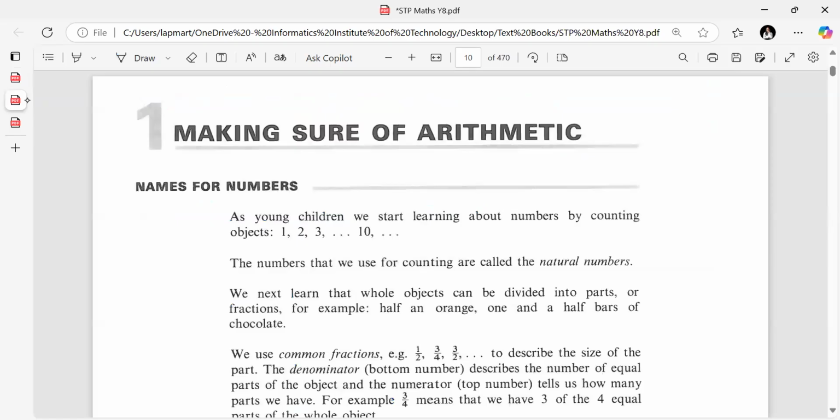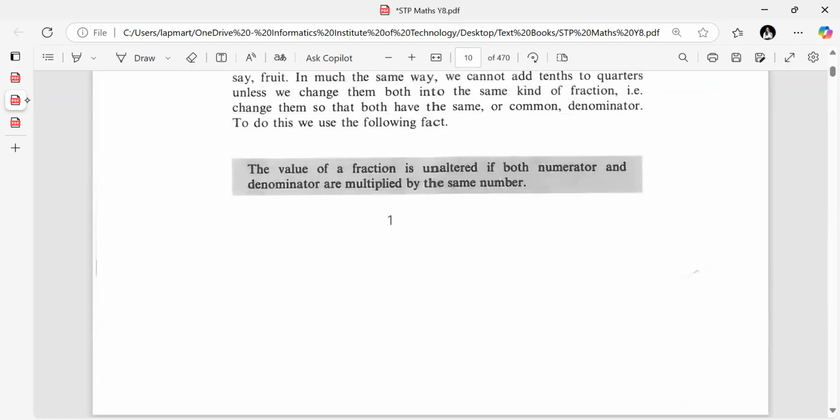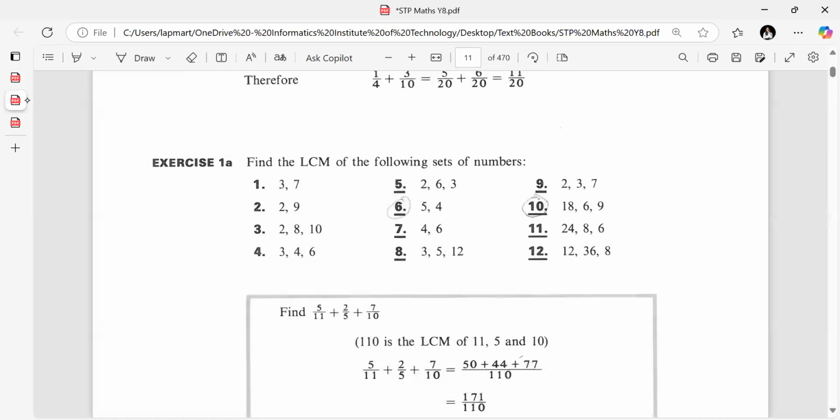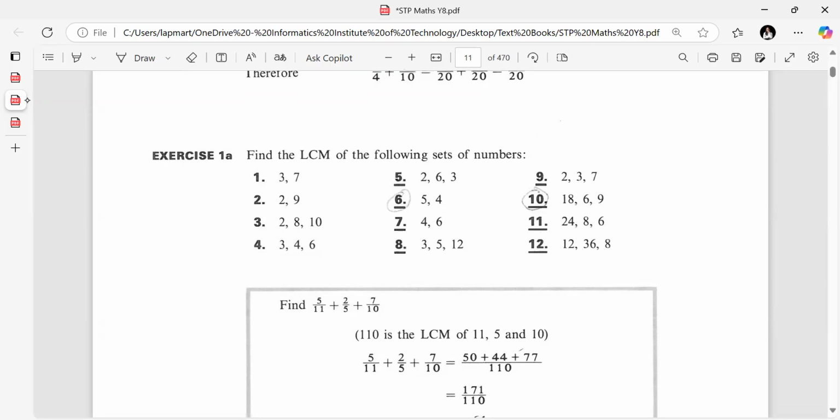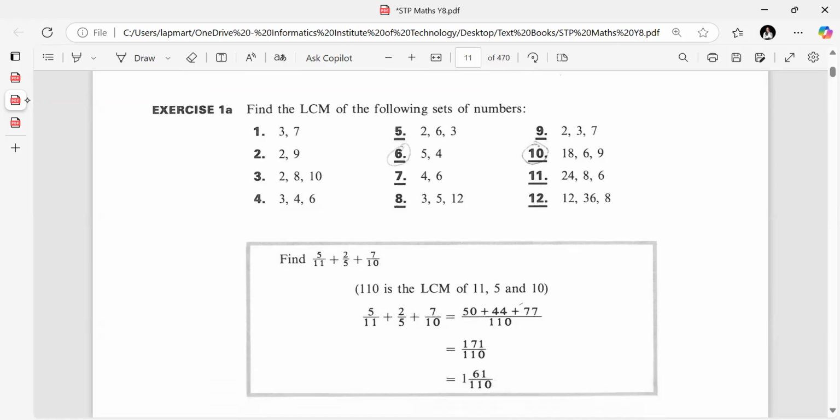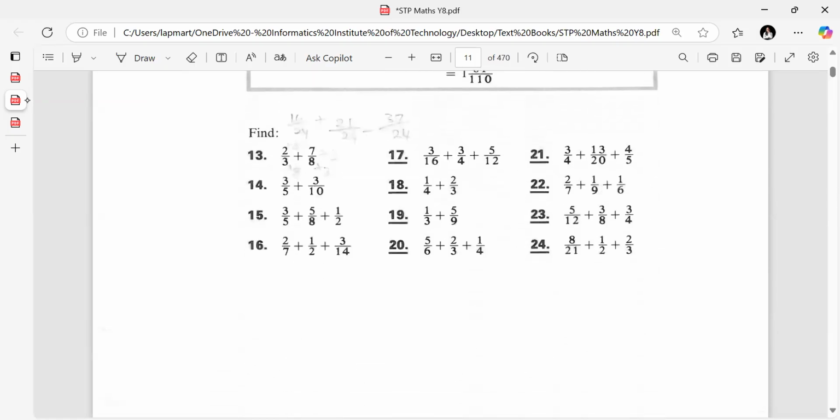In this unit, let's say for example 1A, you do all the underlined questions. Any exercise, if you come across any underlined questions, please do it, right? Here it is 1A, you do the underlined sums. Then here, the underlined sums.